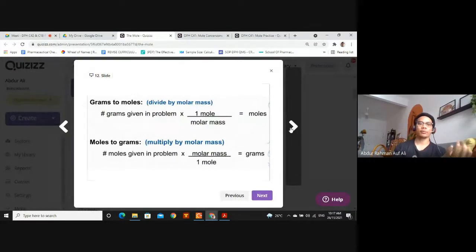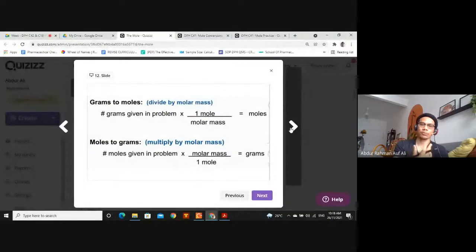So this is the formula. I would like for you to copy this, tulis, ataupun kalau kamu boleh Google pun senang je dapat cari formula ini. So kalau kamu nak convert gram mass into mole, or mole into mass, darab dengan molar mass, bagi dengan 1 mol, dapatlah berat dalam gram.